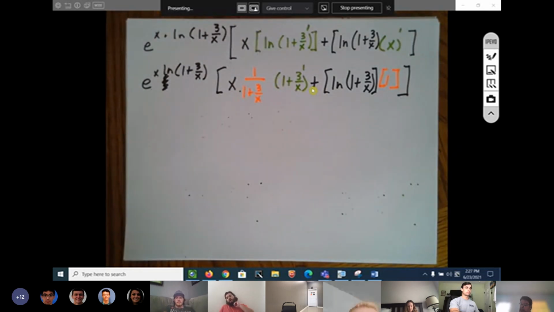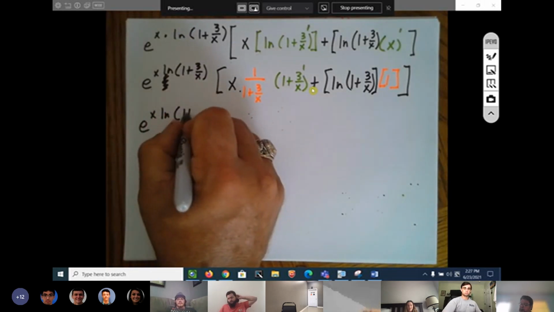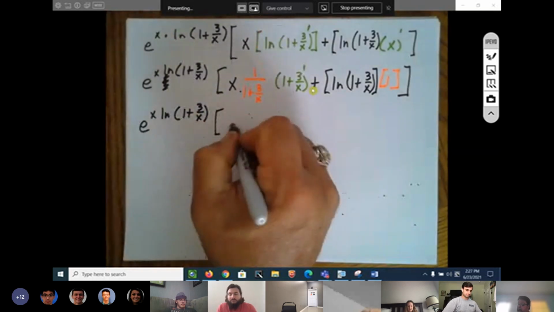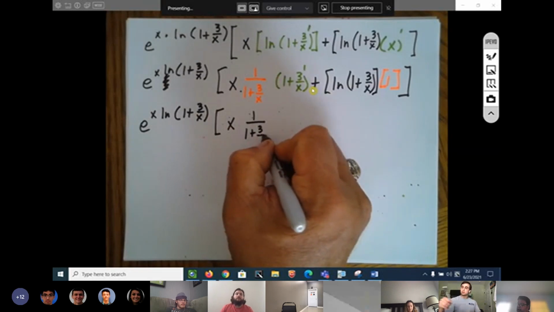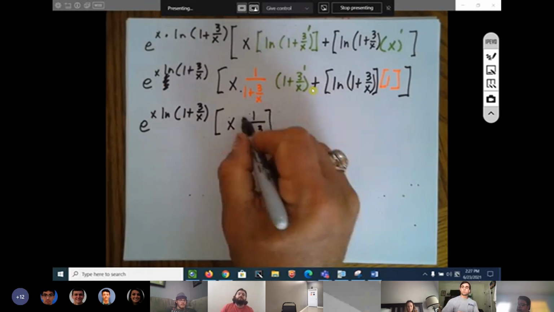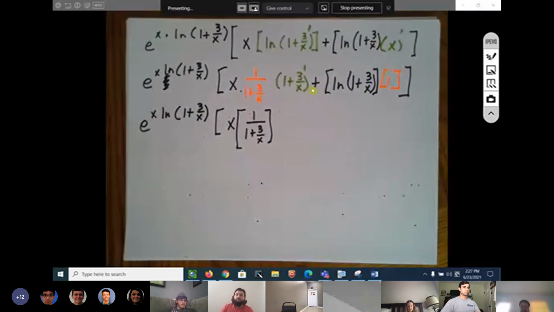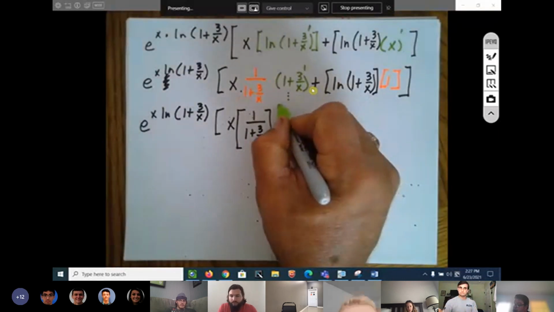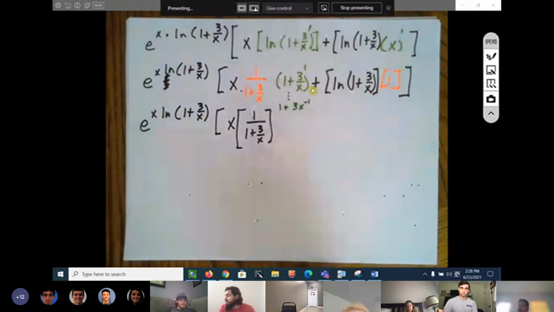So e to the x, natural log of 1 plus 3 over x. I just keep rewriting that over. And now I'm going x, and that's 1 plus 3 over x. And now I'm taking the derivative of this guy, which I can rewrite right up under here: 1 plus 3x to the negative 1.